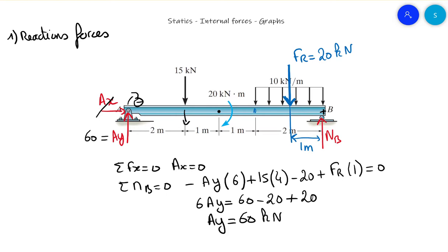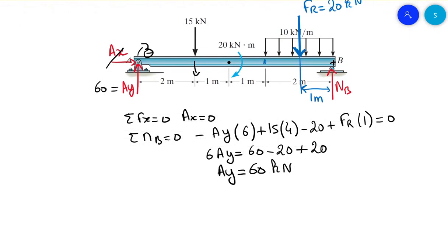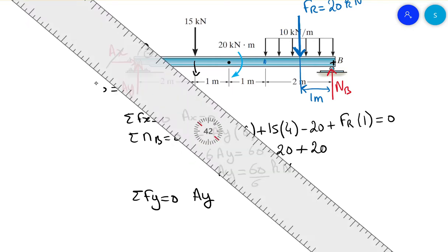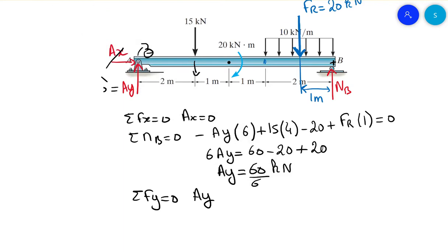Oh, I forgot to divide by 6, sorry. So Ay is equal to 10 kilonewton, not 60. If we do sum of the forces on y equal to 0, we have Ay minus 15 minus 20 plus NB equal to 0.